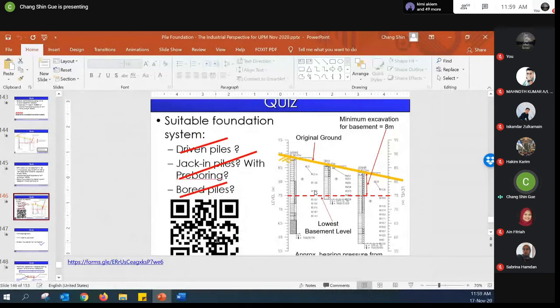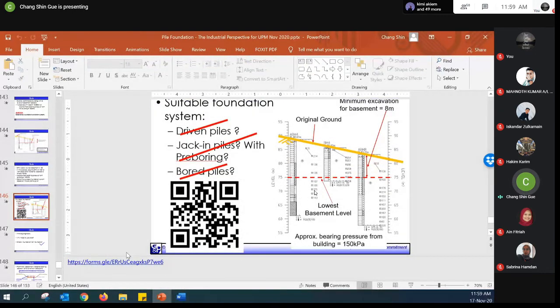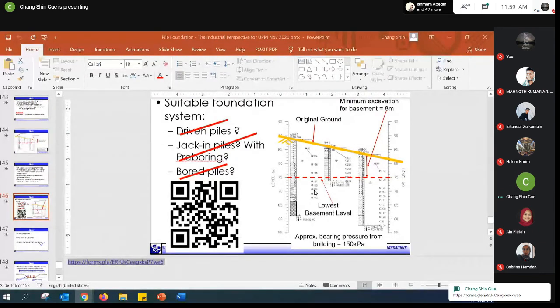In case you might not be able to scan this, I will copy the link into the chat. You have to determine a suitable foundation for such a condition, where you have a building with approximate pressure of 150 kPa.